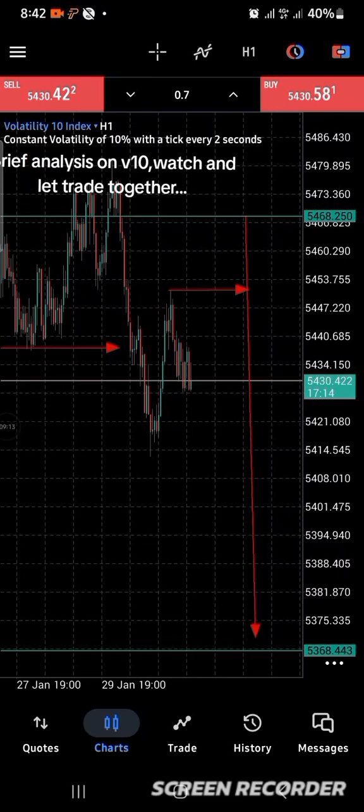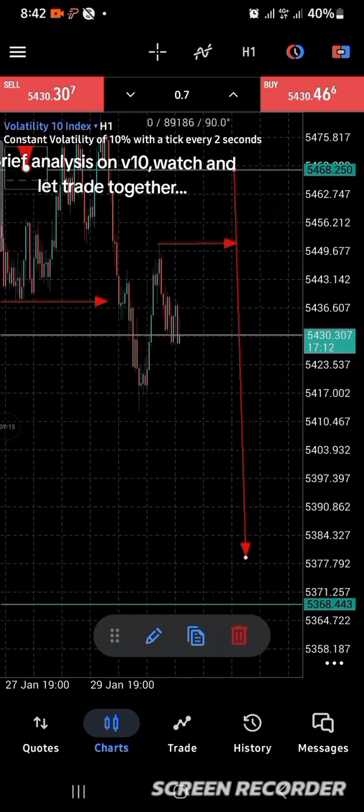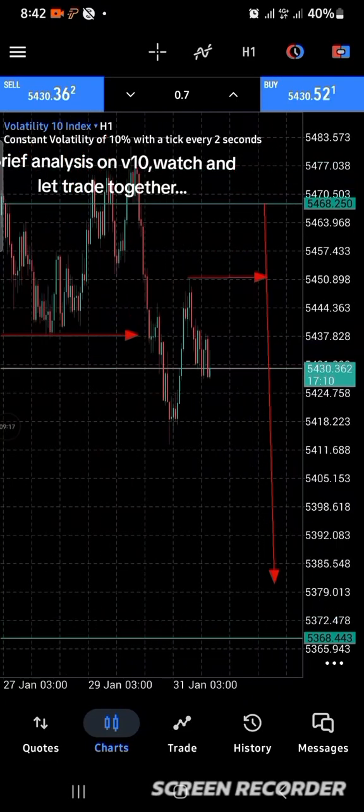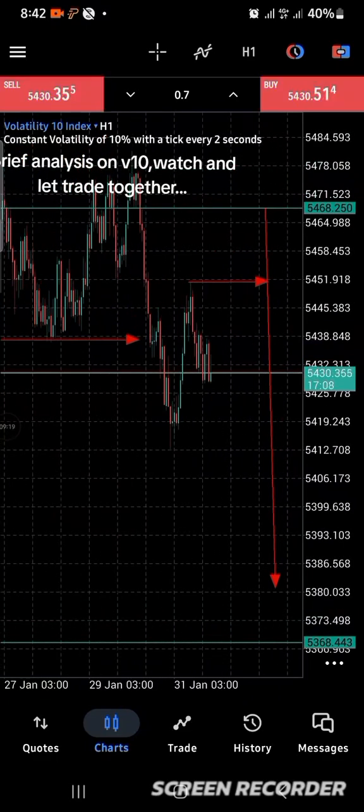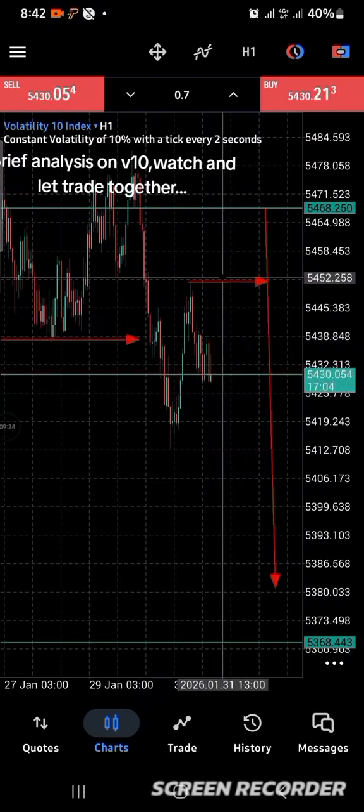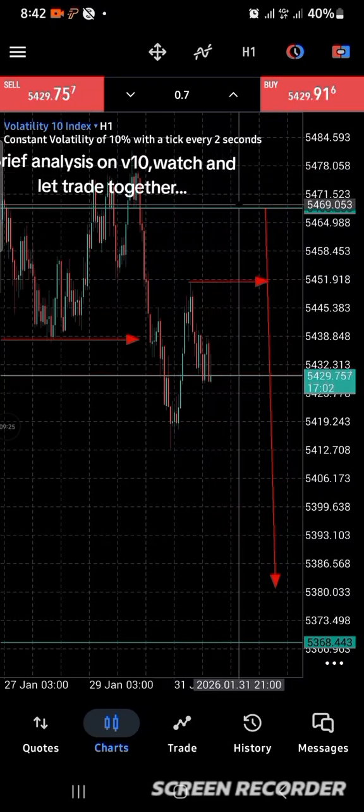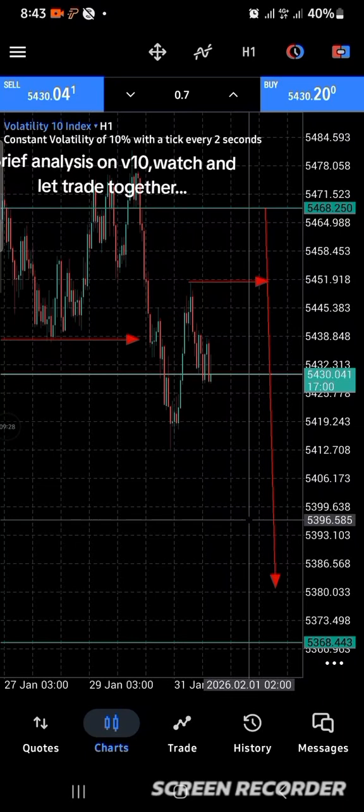This is what I'm looking at on V10. So we have to wait for the market to pull up here, take our entry on the order block, and we hold down here.